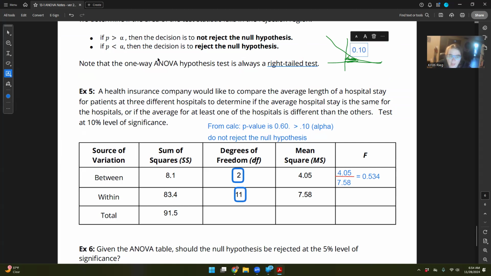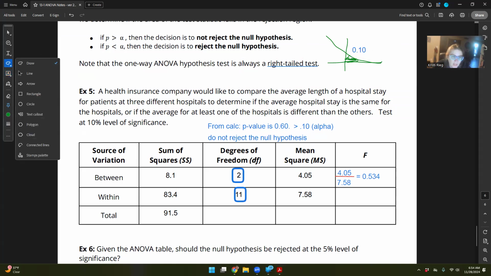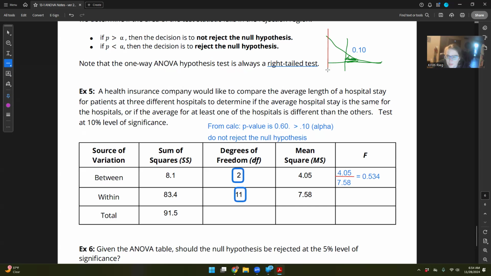And where does 60% come in? This is not drawn to scale, but 60% is way more. It is to the left of our line. Anything on that side of the line is do not reject, because alpha is the cutoff line.